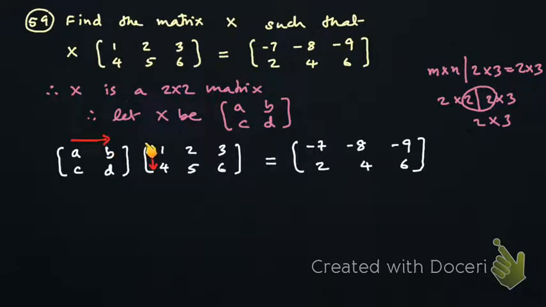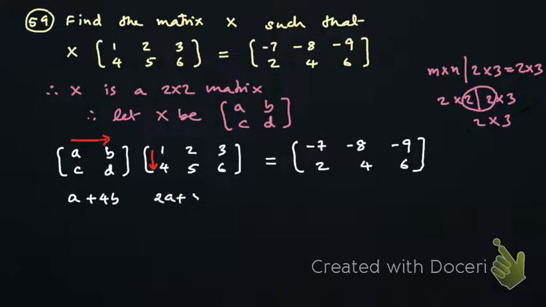We know that the first row goes along the first column. How do you multiply? First row goes with the first column. A, B will go along 1, 4. So 1 into A plus 4 into B, which means 1A plus 4B is what I have to get there. So first row into the first column gives me 1A plus 4B. And the first row then goes along the second column. That will give me 2A plus 5B. Then the first row will go along the third column, which is 3A plus 6B.